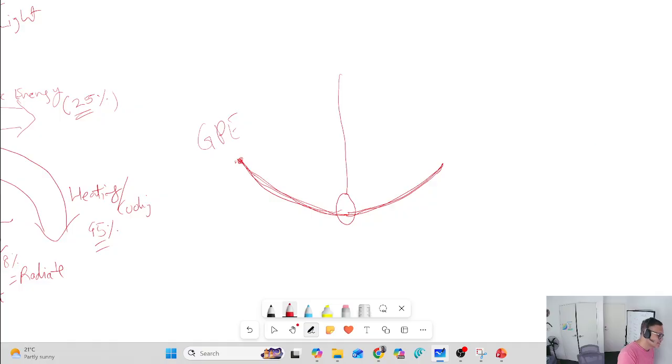Kinetic energy is coming, coming, coming. It will be maximum speed here. And then kinetic energy will start to reduce and will become zero here. You could label it that side also, but it's an object at rest where kinetic energy is zero.